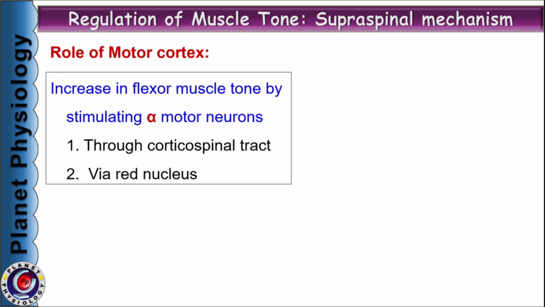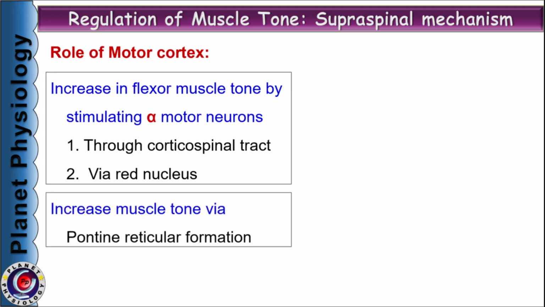Now let's discuss the role of motor cortex. During voluntary activity, motor cortex via corticospinal tract stimulates alpha motor neurons and increases flexor muscle tone. It also stimulates pontine facilitatory area. Thus, motor cortex helps in development of adequate tone in the muscle for the particular activity.